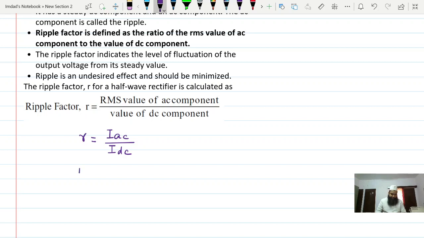We have I RMS equal to under root I DC square plus I AC square.